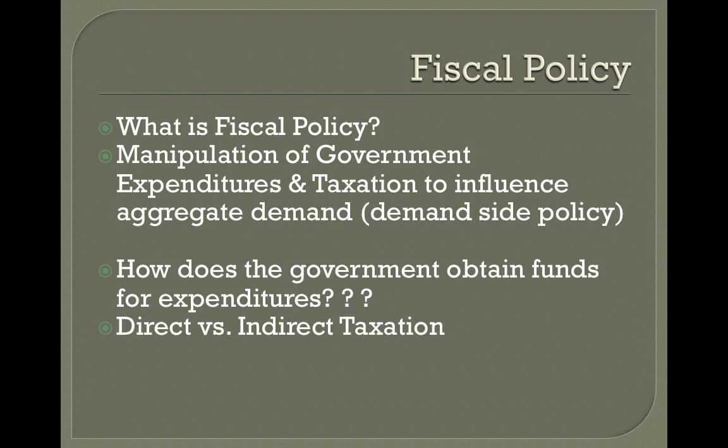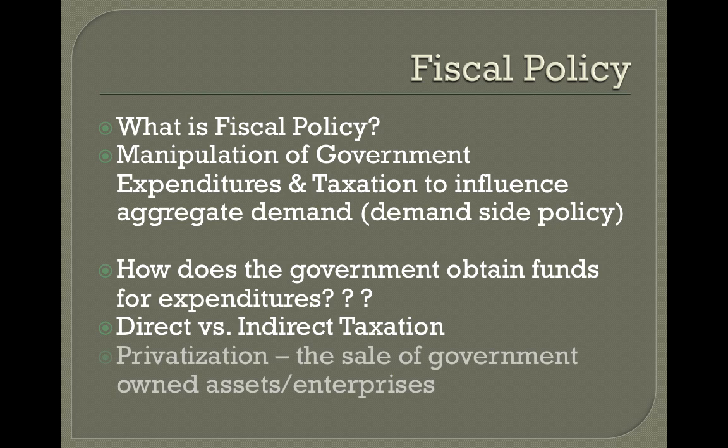So those are two ways that the government can earn money, and there's one other method. It's called privatization. The government can sell government-owned institutions, assets, or enterprises, which is just another word for businesses. And when the government sells these institutions, businesses, assets, they can earn money from the sale of these enterprises.